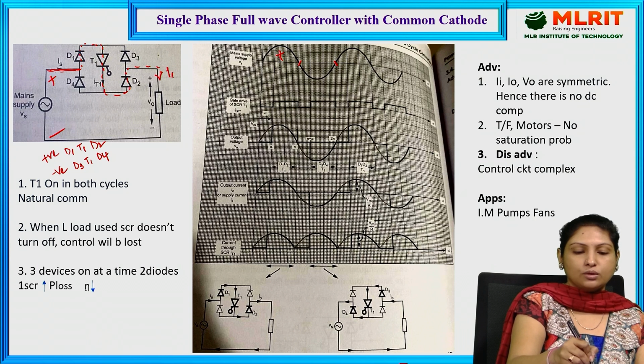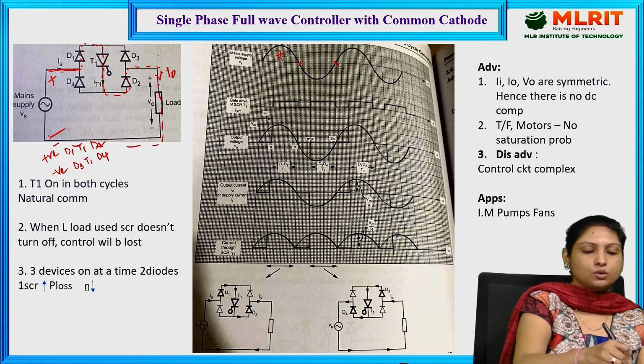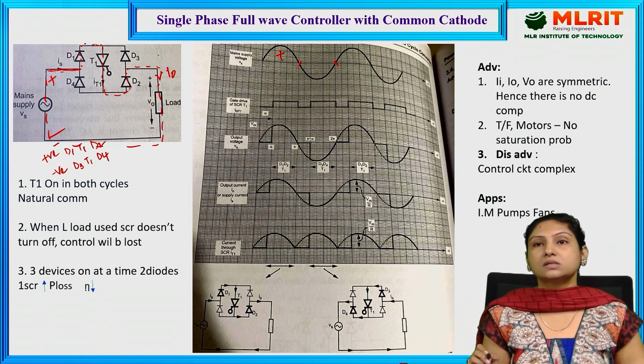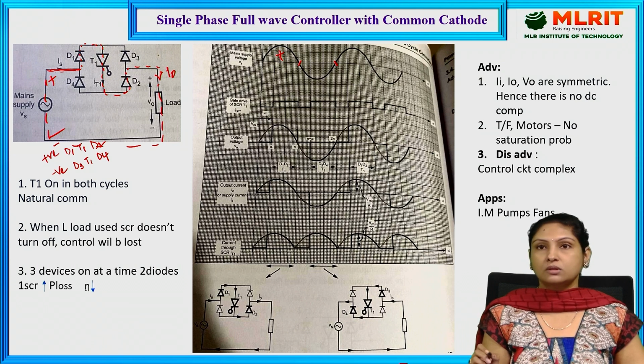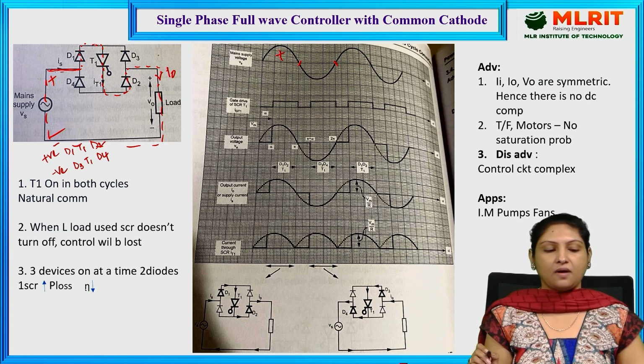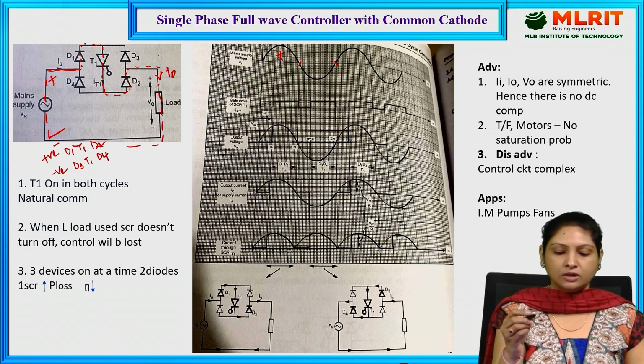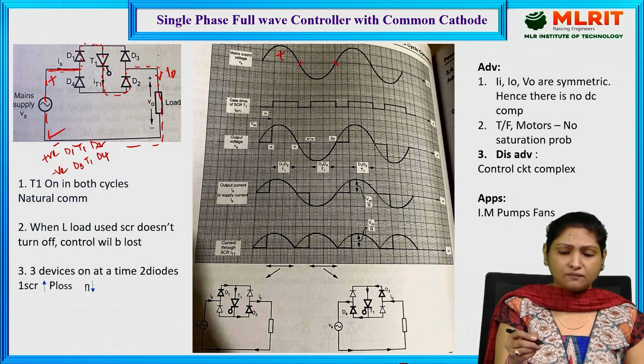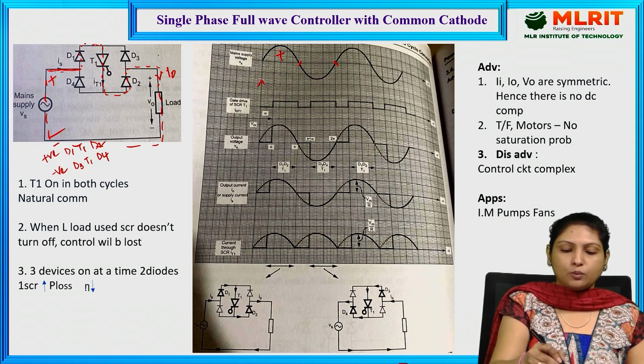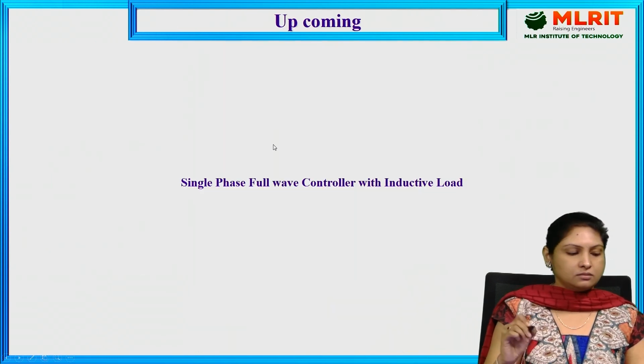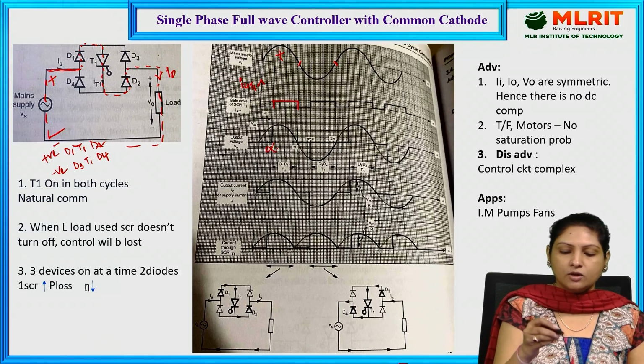Now current is flowing through the load and then back to supply. This is how current flows through the circuit during the positive half cycle. So here during the positive half cycle, the moment I provide the triggering pulse for IGT1 at the instant called alpha, what happens?